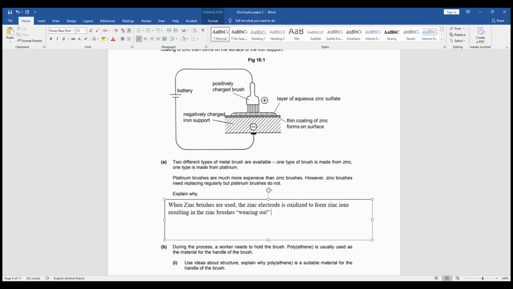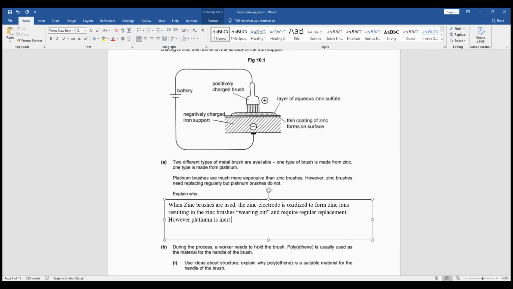Okay, and require regular replacement. However, platinum is inert. Use the word inert.